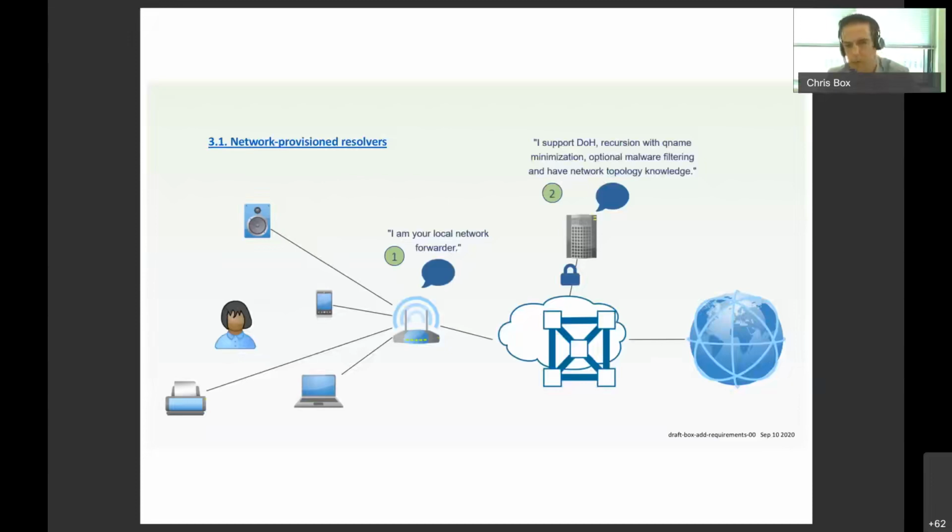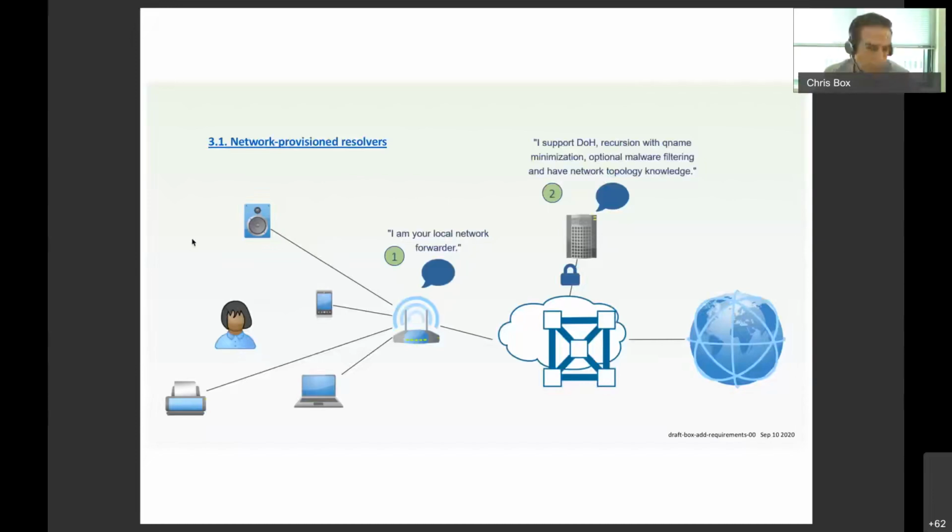By some means, to be designed, there can be a referral or a move to a different resolver that is located somewhere in the network that supports encrypted DNS of some kind. So here is an example of that: a resolver that supports DoH. It recurses with QNAME minimization.